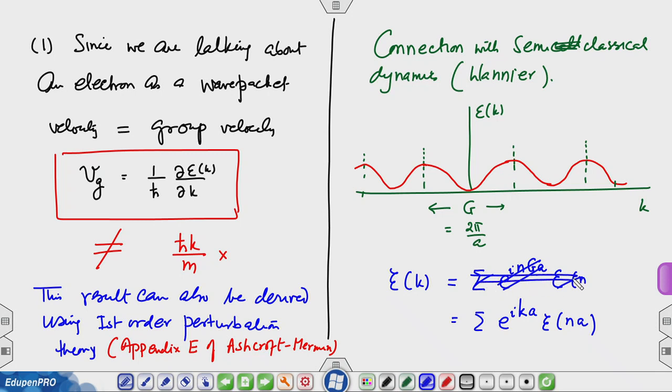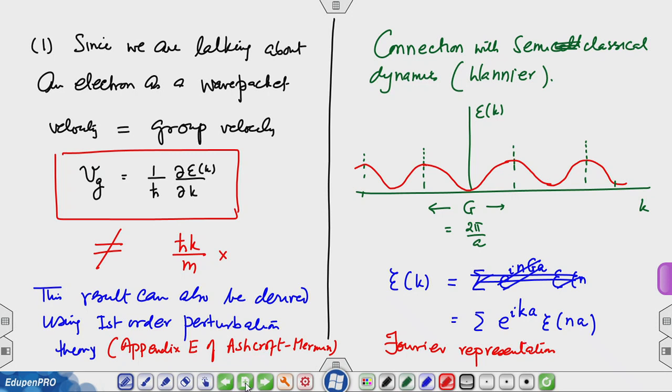This is just a Fourier transform. I can write this as Fourier representation. And you can easily see, if I take E k plus G, since e raised to i G a is 1, the energy remains the same.